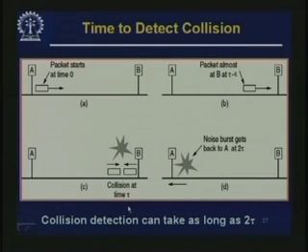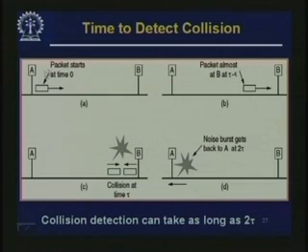Now, this minimum time may vary from system to system, that is, from network to network. So, this is how it is calculated, and first of all let us see how the minimum time would come. Suppose this is the shared bus, and we put two nodes at the two extreme ends.